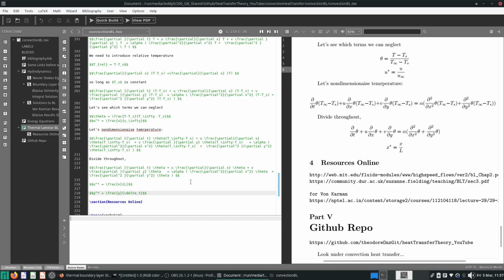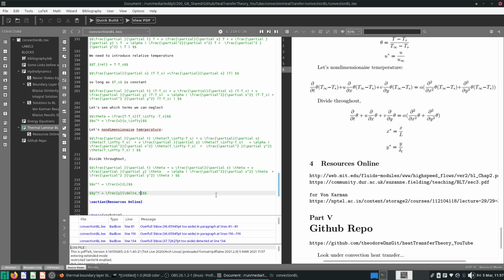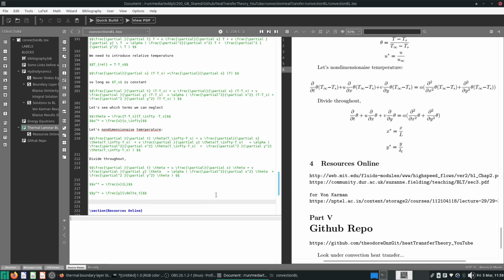This time, I want to make it very clear that this delta is actually delta T, the thermal boundary layer. The thermal boundary layer is a bit different from the momentum boundary layer. In general, the thermal boundary layer is different from the momentum boundary layer.